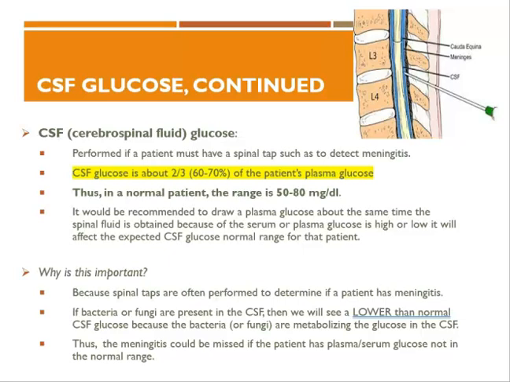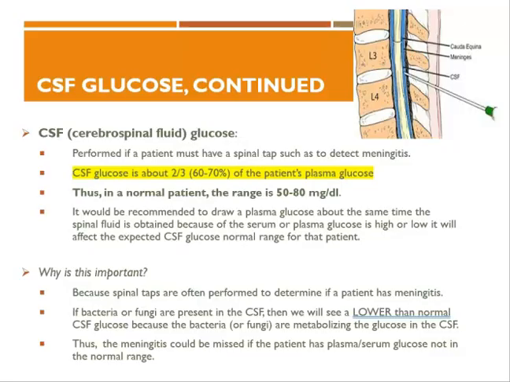Okay, so make sure that both the plasma glucose sample and the cerebrospinal fluid sample are being drawn about the same time, because the plasma glucose range is going to affect the normal range for the cerebrospinal fluid glucose.